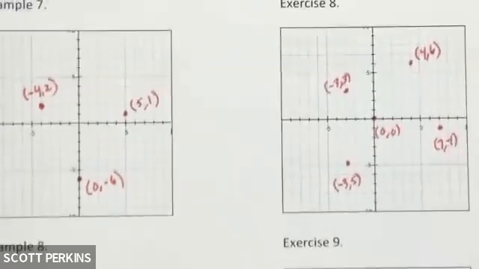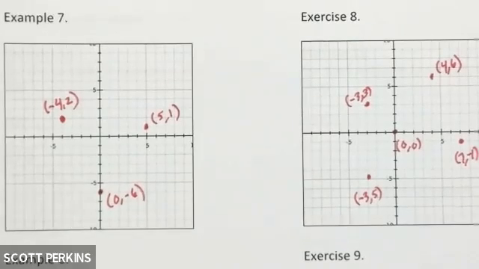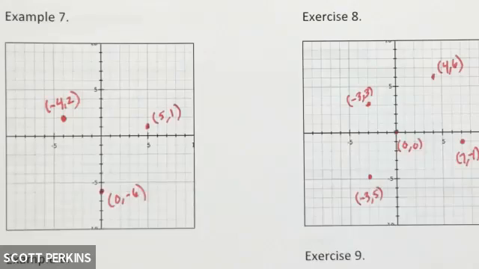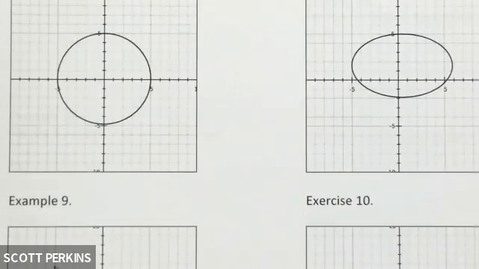What I just had you do in example 7 and exercise 8 is plot a discrete number of points. On the left graph, it's 3 points. On the right graph, it's 5 points. And how we notate the domain and range for those is going to be different than how we notate the domain and range for the examples below.